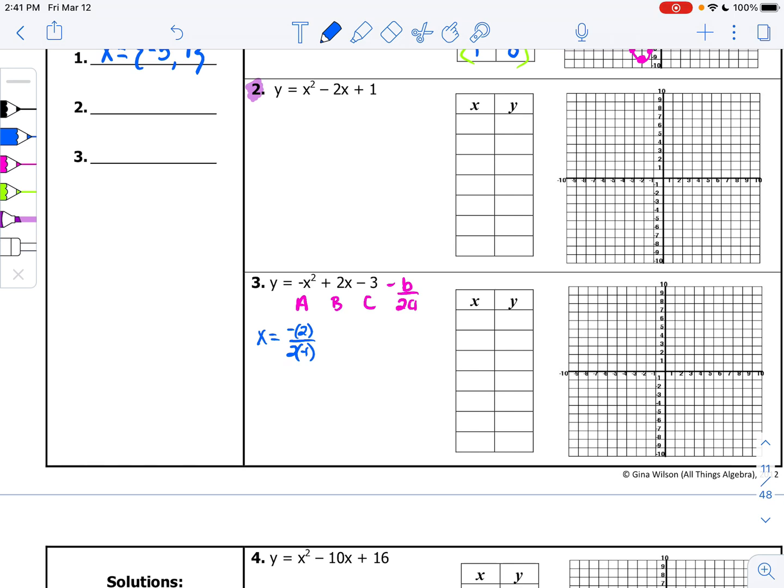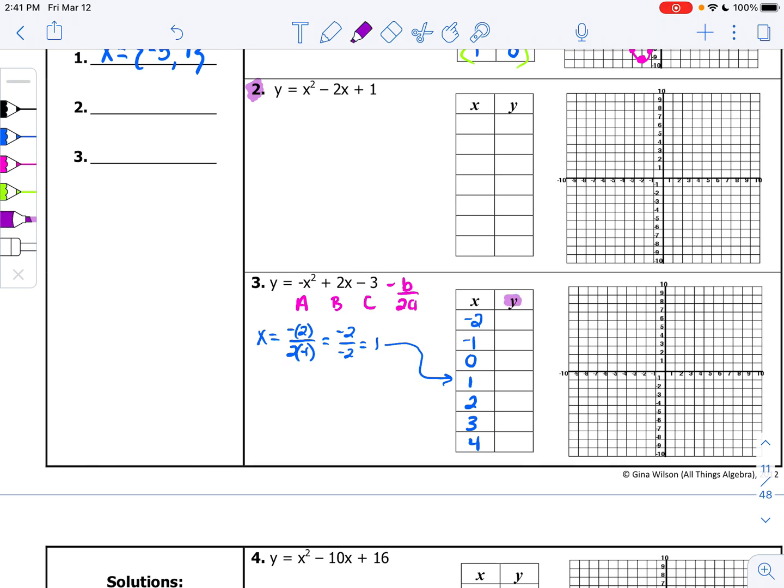And remembering to put -2 and -1 in parentheses. That's going to result in -2 over -2, which equals a +1. So our vertex is a +1, which will go in the middle of our table. And then filling in the rest, below it I have 2, 3, 4. And then above it I have 0, -1, -2.